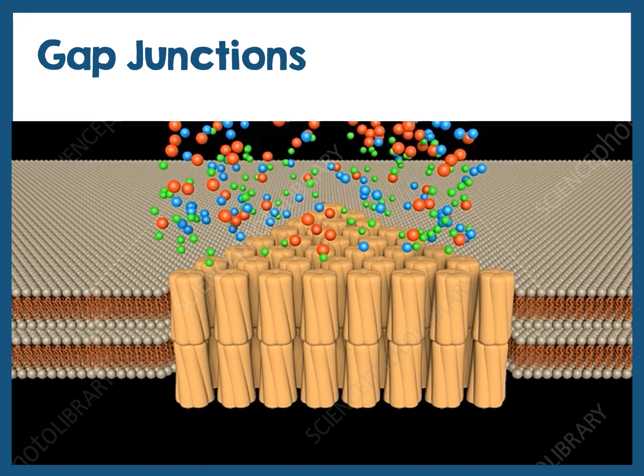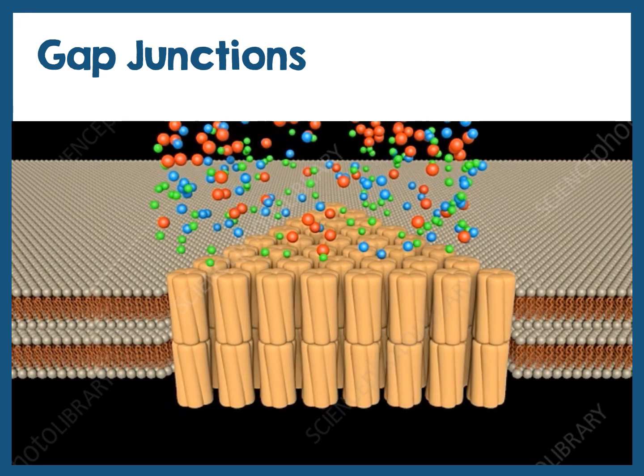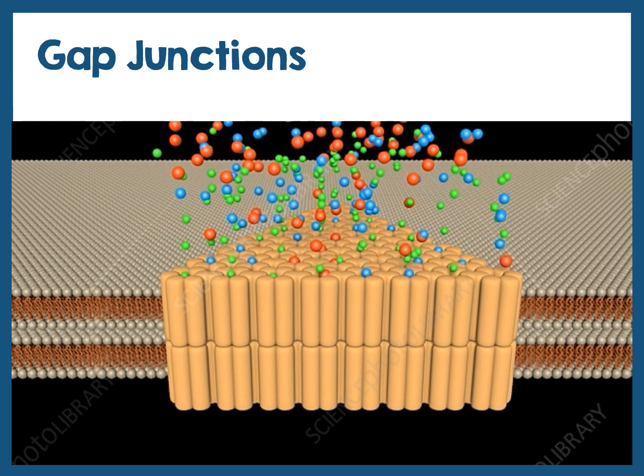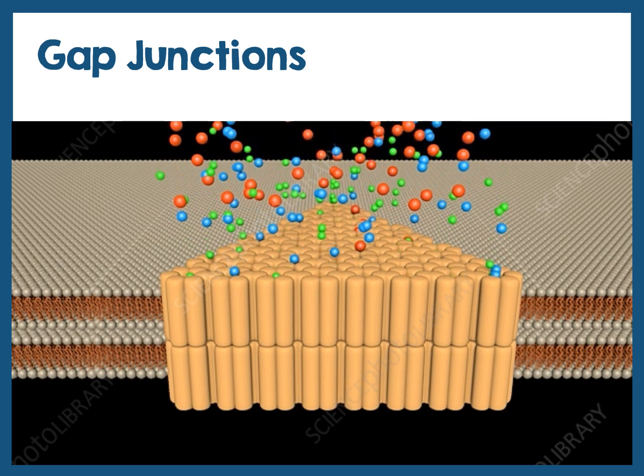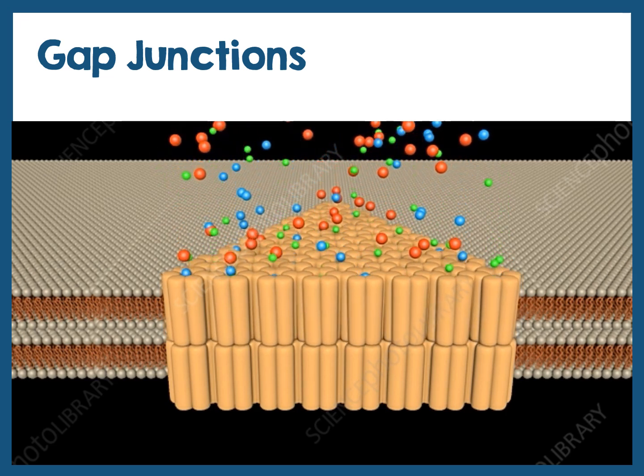So gap junctions: the structure of a gap junction is made up of clusters of channels that form when two neighboring cells' membranes come very closely together. You can see in this animation the two neighboring cell membranes and these clusters.